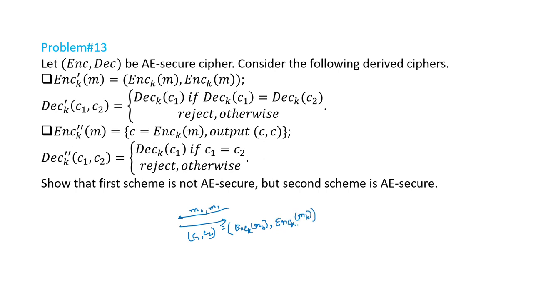They may not be the same because the encryption algorithm is randomized. So I am writing C1, C2 instead of writing C1, C1.